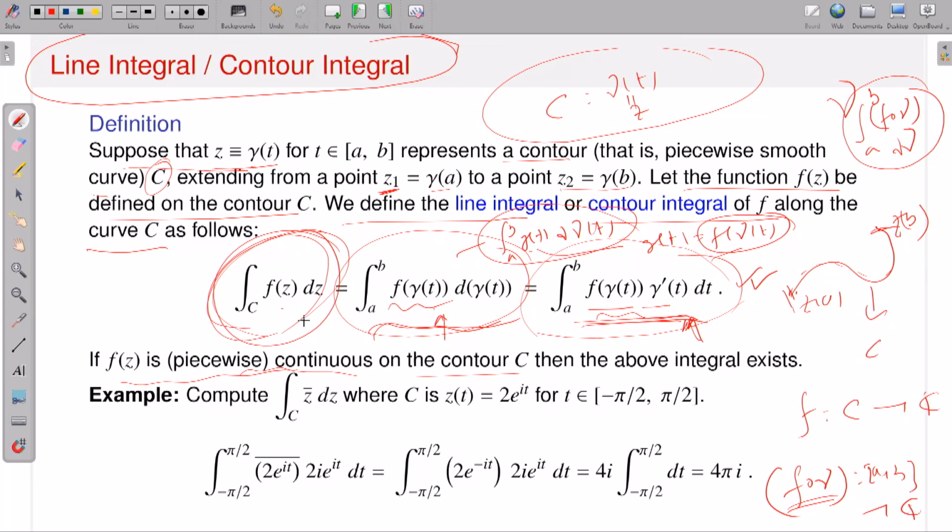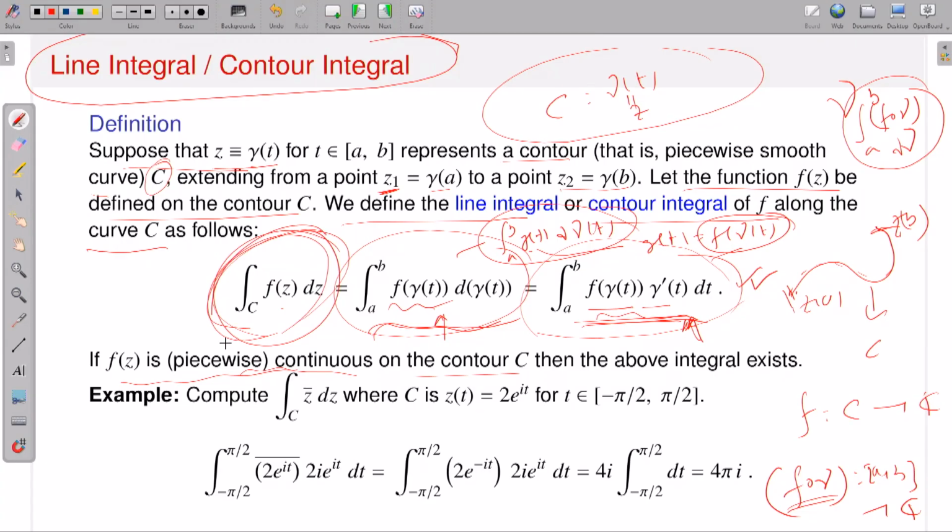Start with a function defined on the contour, continuous or piecewise continuous, then I can define the contour integral of f over the contour C. I denote it as the integral over C of f(z) dz, which I define as the Riemann-Stieltjes integral of the function f composed with gamma with respect to a function of bounded variation gamma, where gamma is the parameterization, and f composed with gamma makes sense because f is defined on the contour. This is the same as the Riemann integral from a to b of f of gamma t gamma prime t dt.